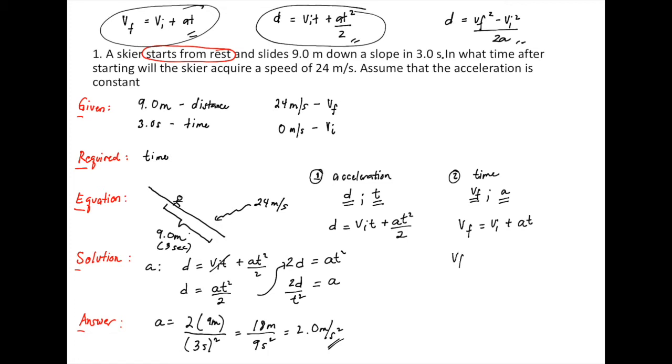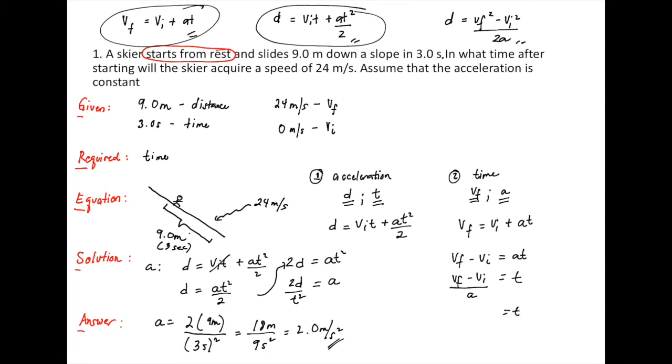We have here Vf minus Vi equals at. And then looking for time, we have Vf minus Vi divided by a. And then therefore, the value for that will be time.